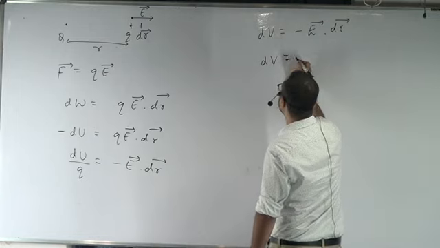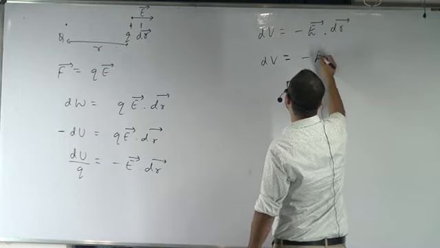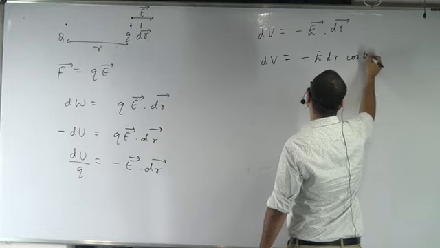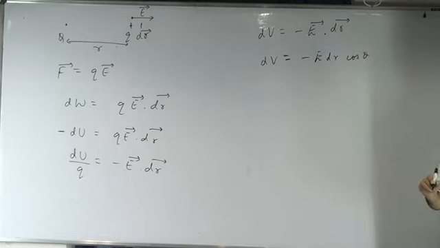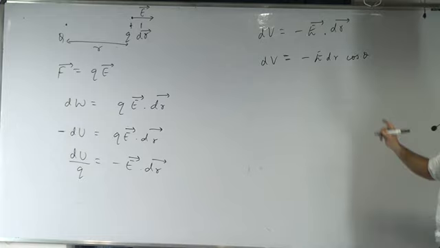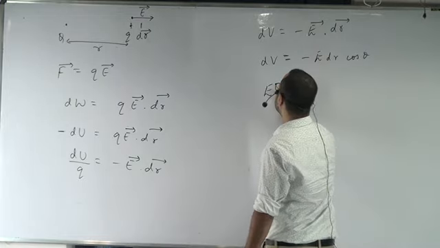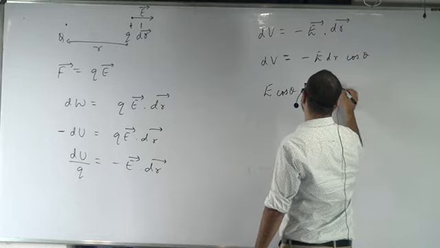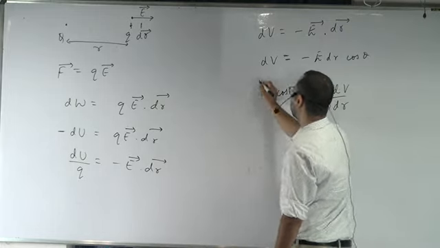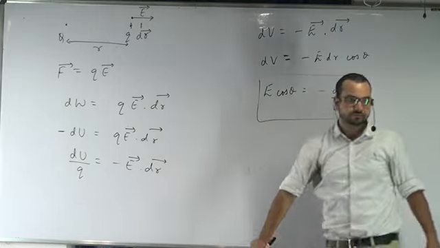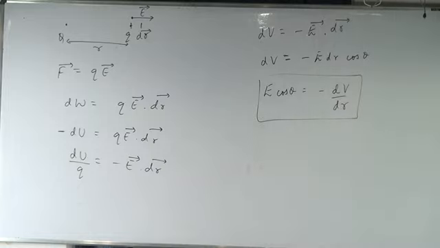कर लेते हैं. So can I write dV is equal to minus E dr cos theta? Theta is the angle between the field and the displacement. Okay, from here can I write E cos theta is equal to minus dV by dr. Okay, so this relationship has come from where?